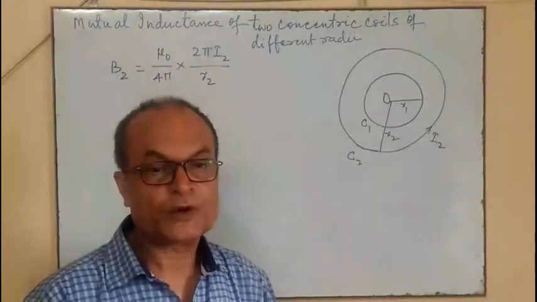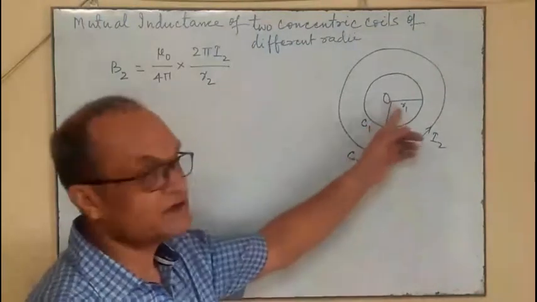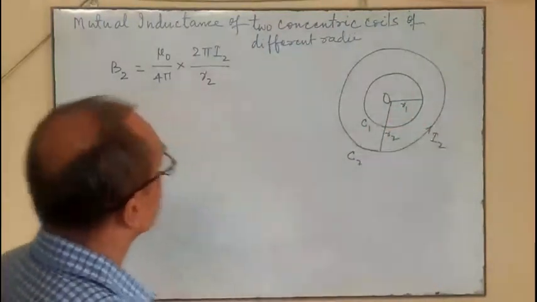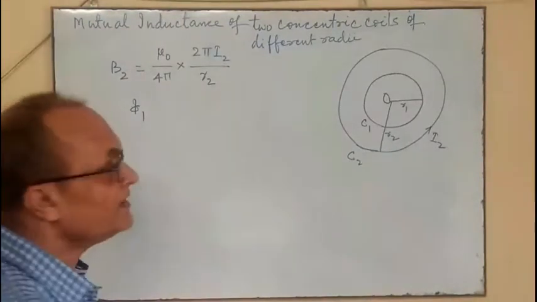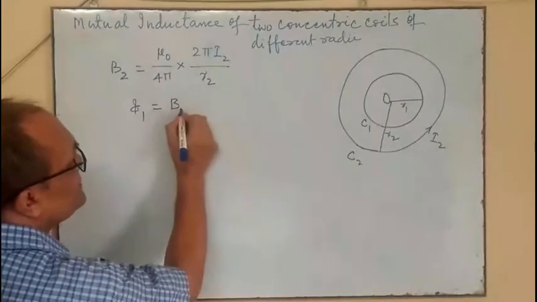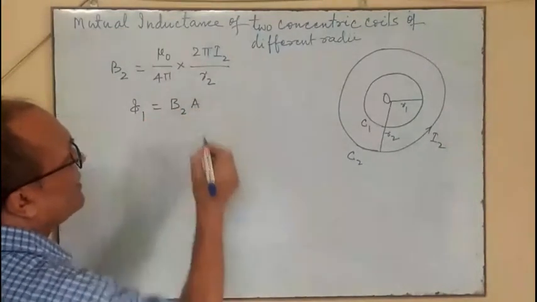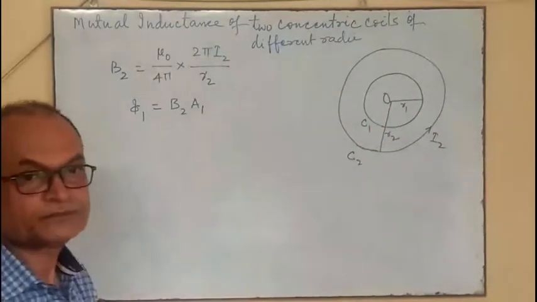So now we are going to find out the magnetic flux linked with this coil C1. Suppose it is phi 1. So phi 1 equals BA. This equals the magnetic flux at this point, B2, and area of this coil C1, A1.